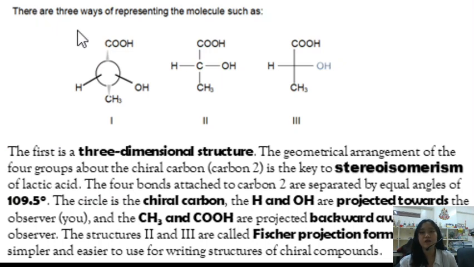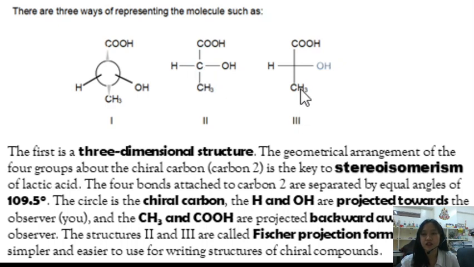Okay, so you have 3 ways in representing the molecule. So, meron tayong number 1. This is a 3-dimensional structure. And then, number 2, you have this type. Pinapakita dito yung 4 na bonds with the carbon atom.